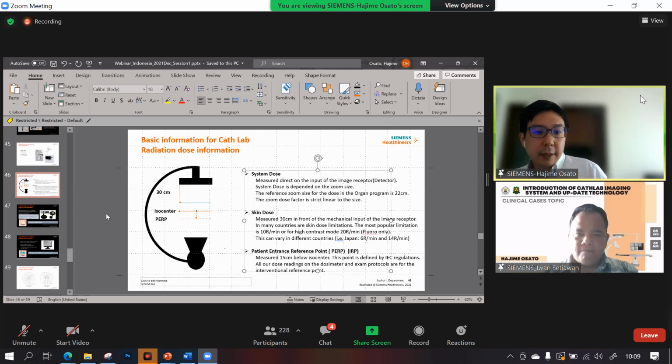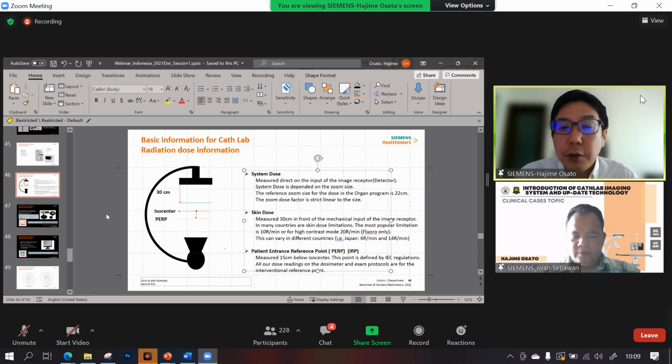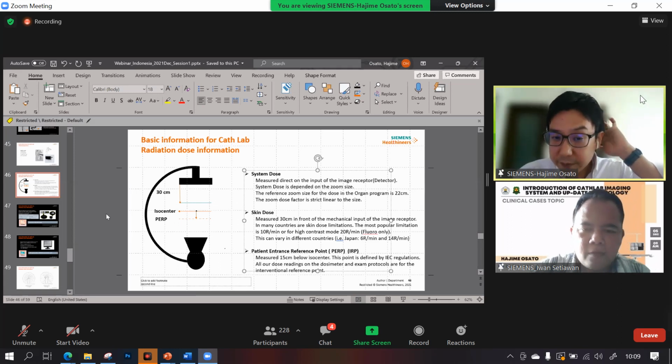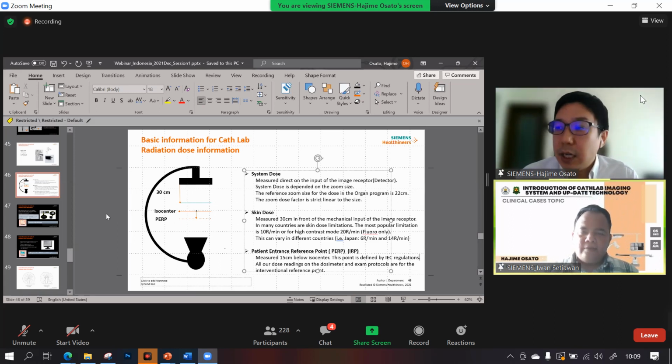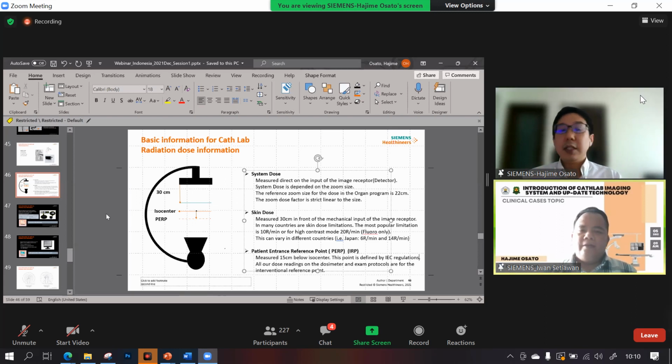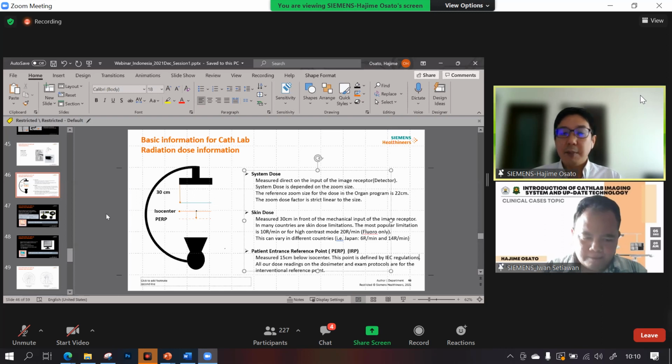Actually, 2 gray is one of the timings to think about patient care. 2 gray is one of the triggers. If it is more than 2 gray, there is some risk to the skin. That's why 2 gray is the first trigger for each procedure. Okay, 2 gray, so 2000 milligray.